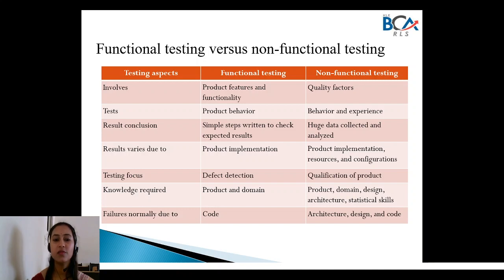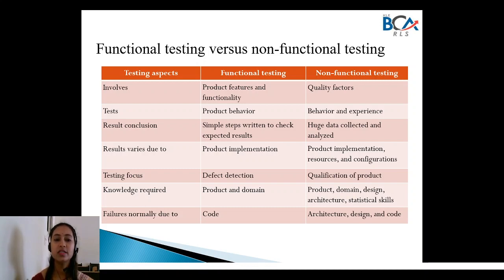Testing focuses on defect detection in functional testing, and in non-functional testing, it focuses on qualification of the product. Knowledge required for functional testing is product and domain knowledge, and in non-functional testing, you need knowledge of the product, domain, design, architecture, and also statistical skills.